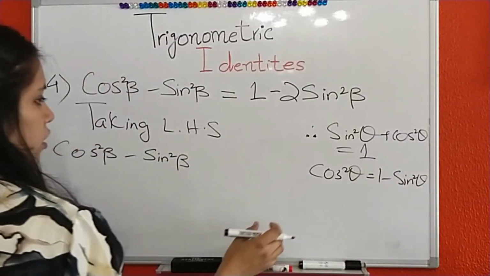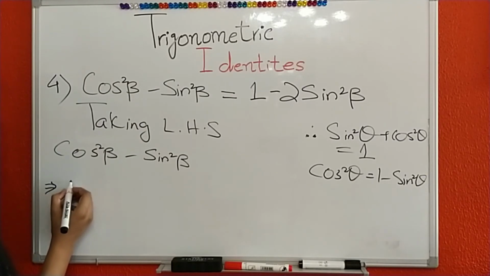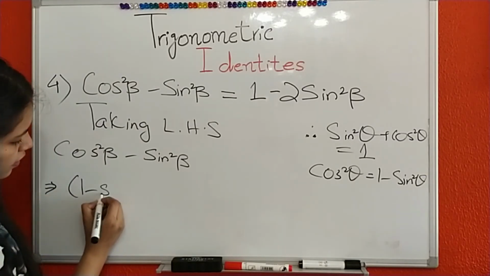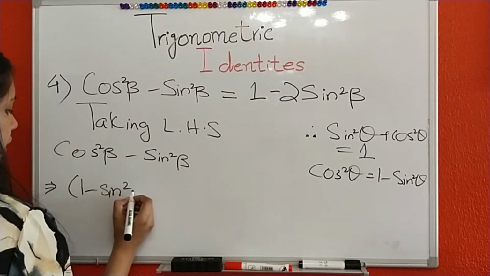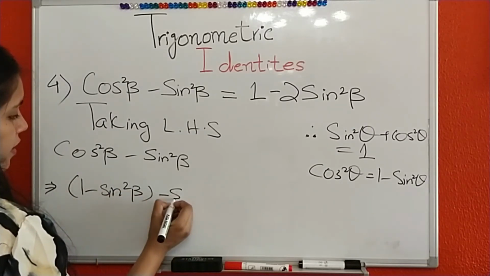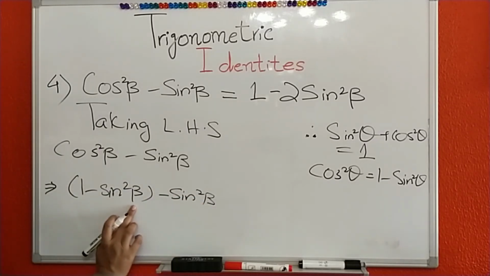I am putting this value in the place of cos. So 1 minus sin²β minus sin²β.